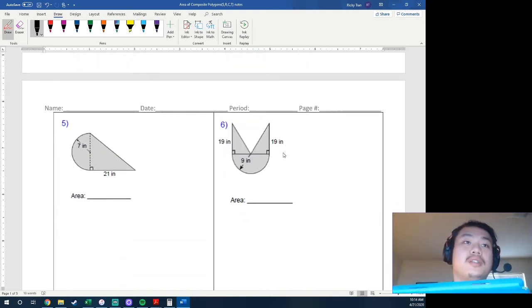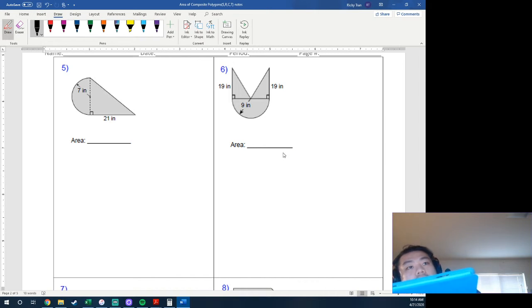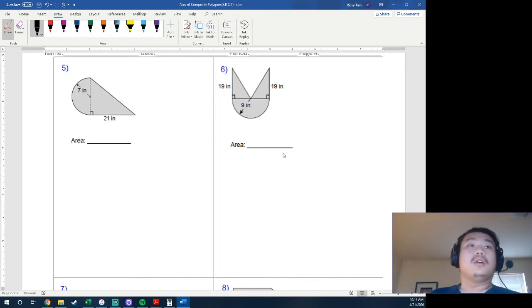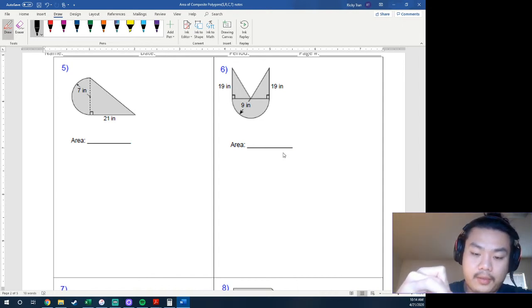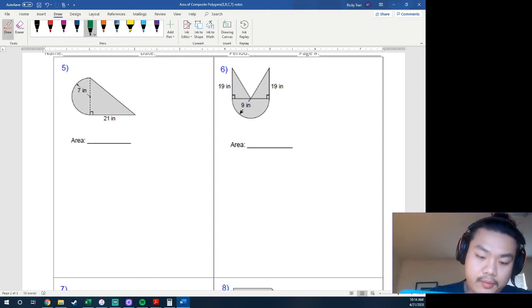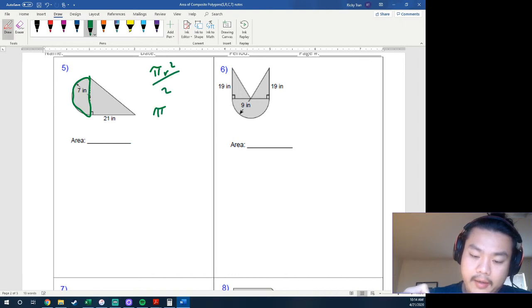All right, let's move on to number 5. Again, it's a semicircle and a triangle. So let's start with the semicircle. Okay, so we have pi r squared divided by 2, or pi 7 squared divided by 2, or 3.14 times 7 squared divided by 2.